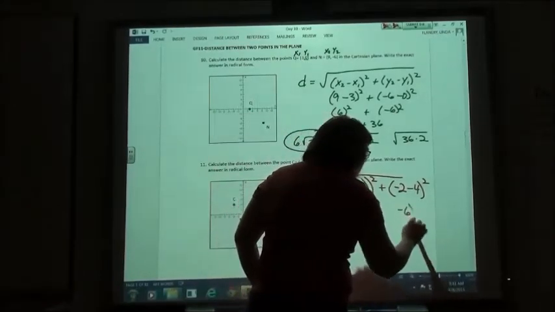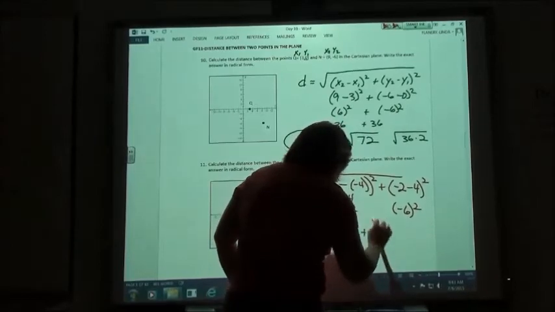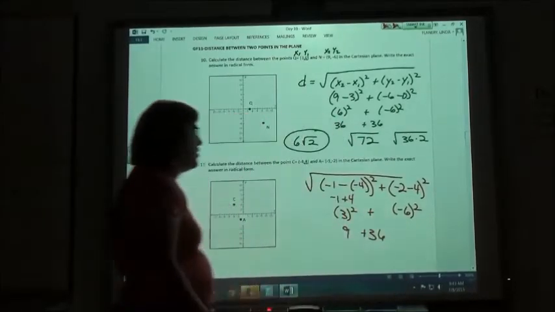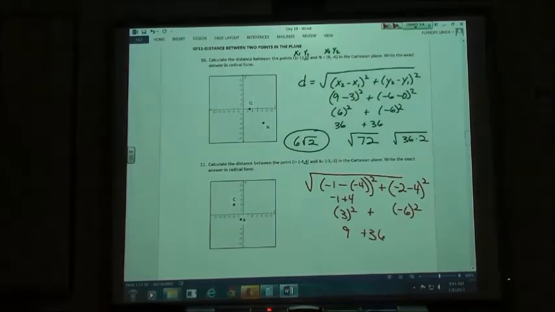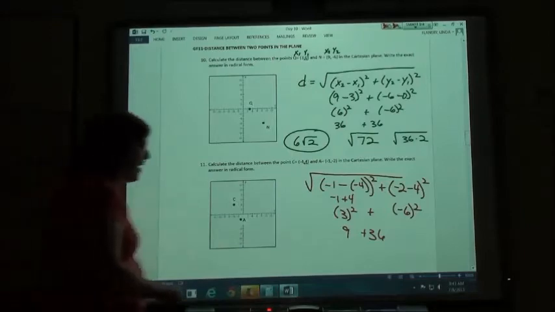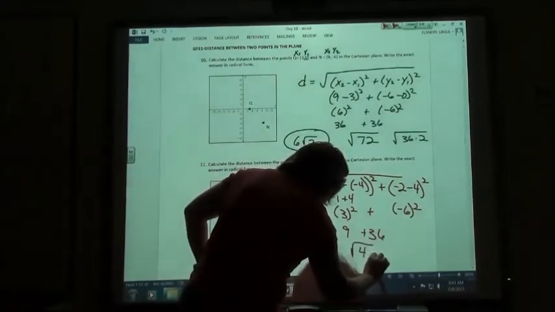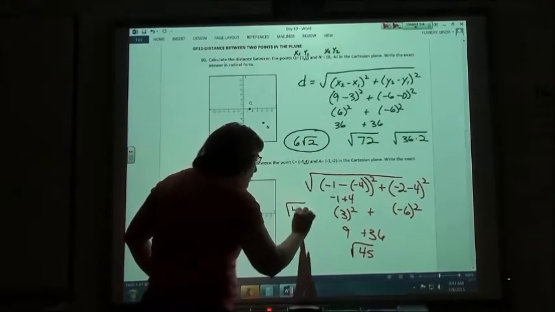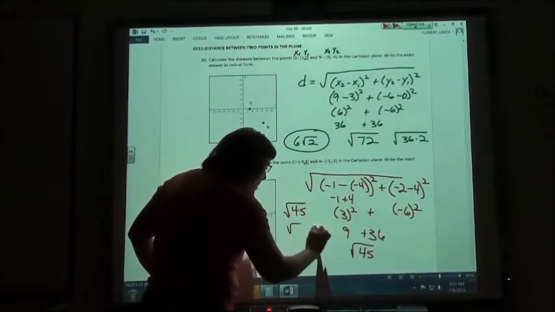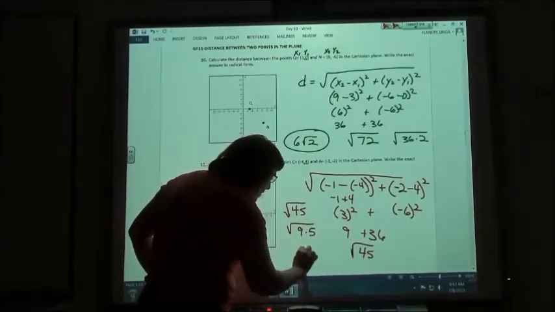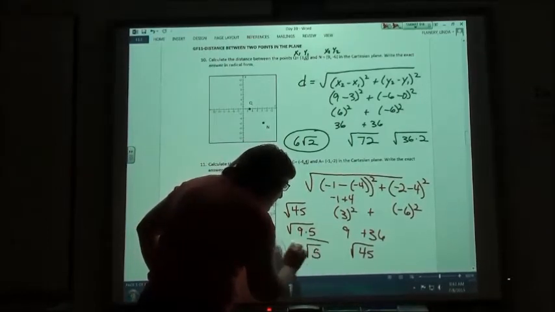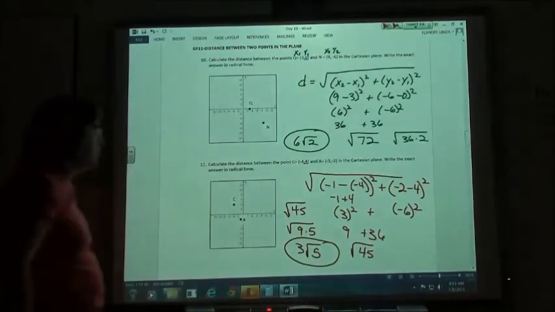Here I would have negative 6 squared, which is 36. So I'm going to take 9 plus 36, which is 45, so I have the square root of 45. Again, if I have the square root of 45, I could make that 9 times 5, so 3 square root of 5 would be my answer in simplified form.